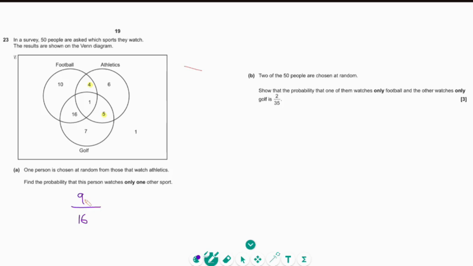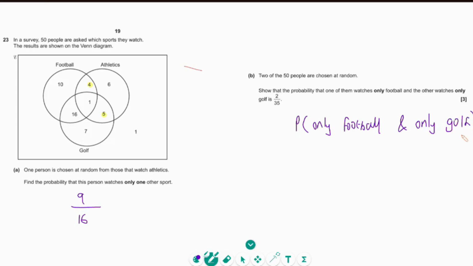2 of the 50 people are chosen at random. Show the probability that one of them watches only football and the other watches only golf is 2 over 35. Okay, so I want the probability of only football and only golf.